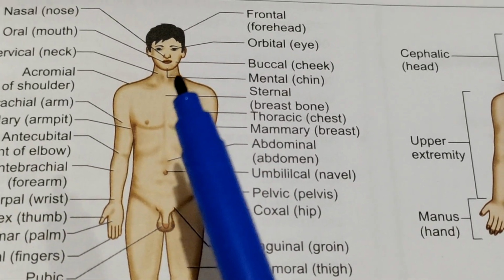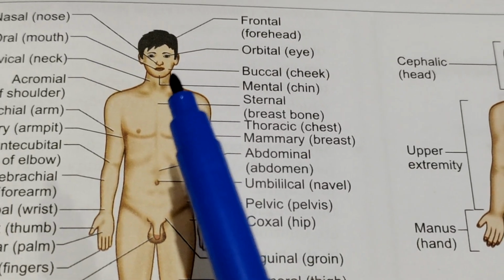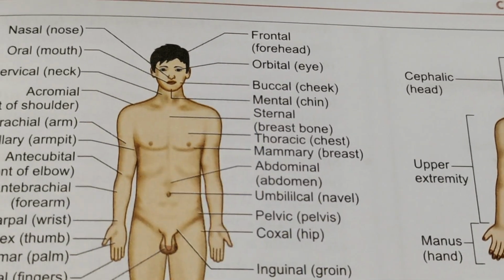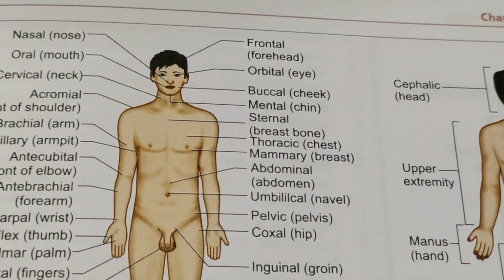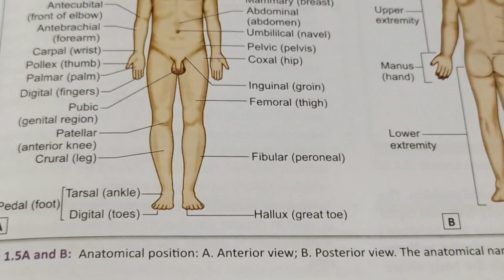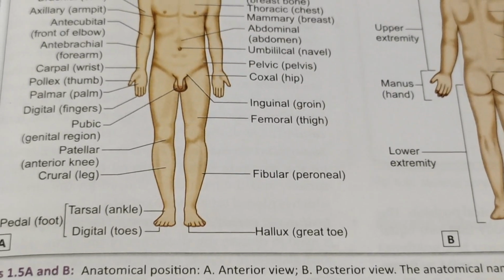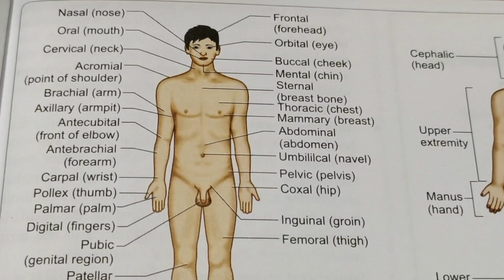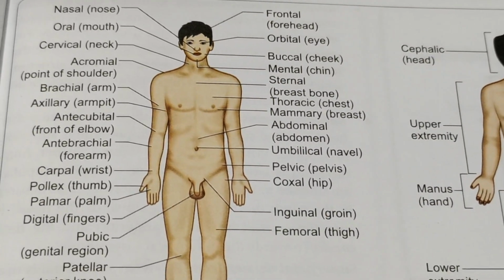Chin, mental. Cheek, buccal. Eyes, orbital. Forehead, frontal. So these are the terms we use in anatomy and physiology for the anatomical position, anterior view.